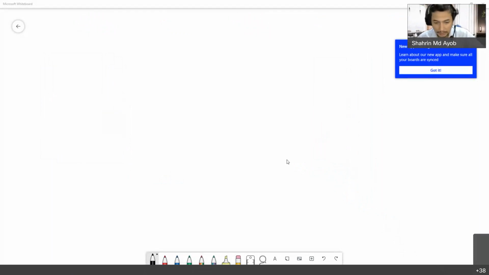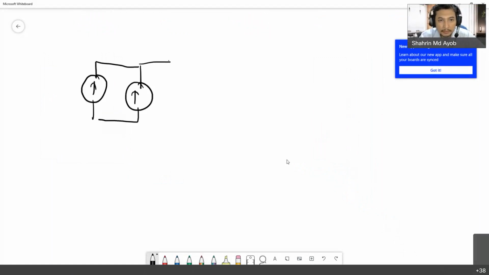Regarding the analysis, based on the basic Ohm's law, for example, you have a circuit like this. You have multiple current sources connected in parallel and a resistor.